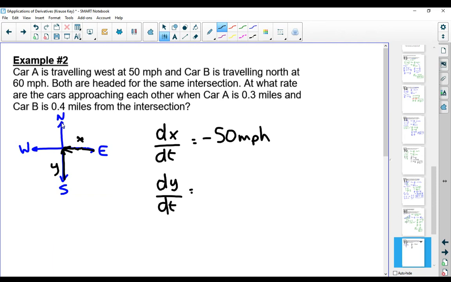So dy/dt is negative 60 miles per hour. Okay. And we're being asked at what rate are the two approaching each other. So we're really looking at that hypotenuse, because as they get closer and closer to each other, that distance is going to decrease. We're going to call that hypotenuse z. Okay. So we're looking for dz/dt.